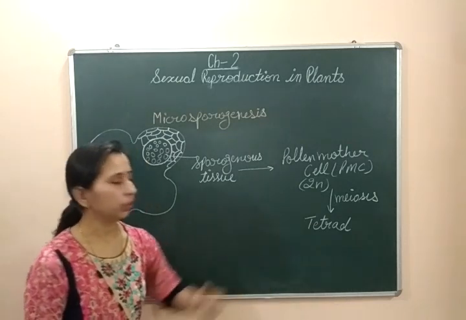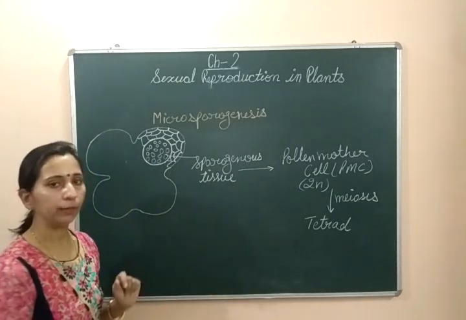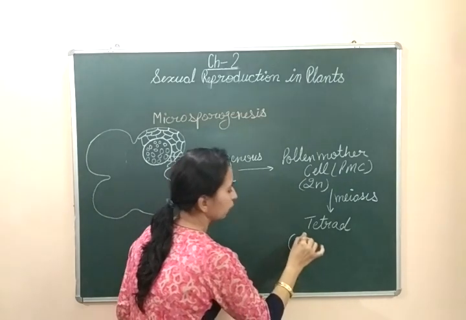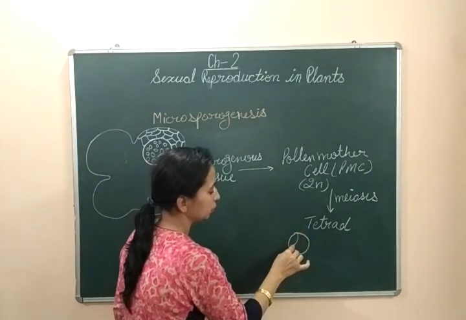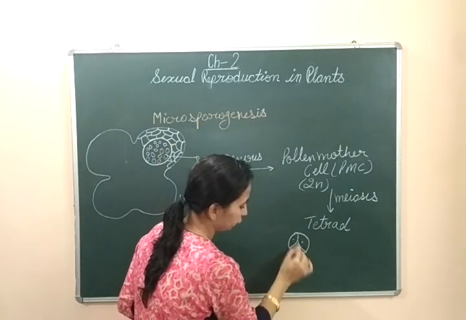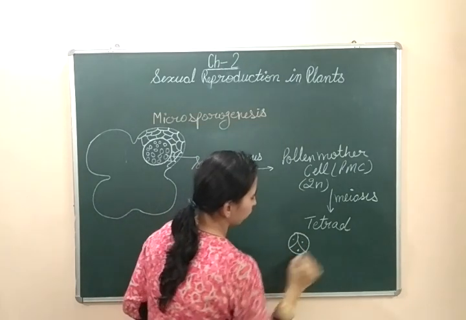The arrangement of the tetrad can be different in different families of plants. In some cases, the tetrad is formed in such a manner. This type of tetrad is known as a tetrahedral tetrad.